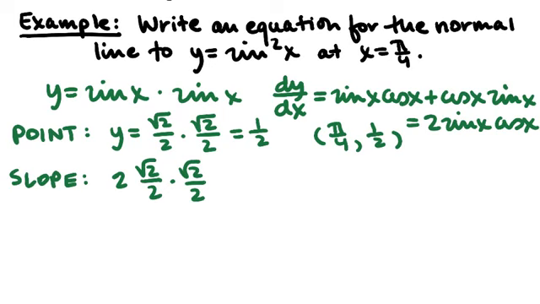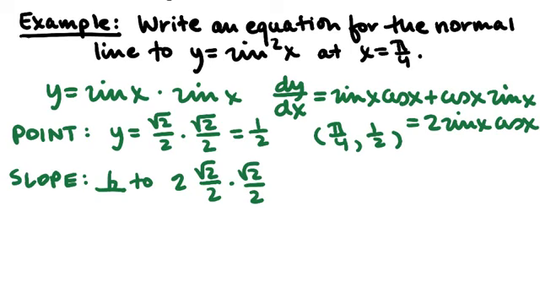But really it's going to be perpendicular to this. So I'll make a little note: it's perpendicular to 2 times root 2 over 2 times root 2 over 2. That's 2 sine x cosine x, so this is 2 times 2 over 4, which is 1.